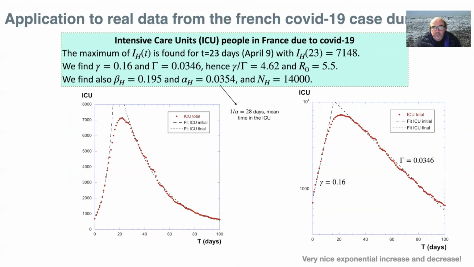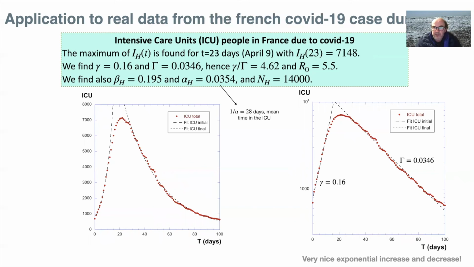There is another piece of information, which is the people in intensive care units due to COVID. For this, we also have daily information, and we show the plot on the left in natural coordinates and on the right in log plot.